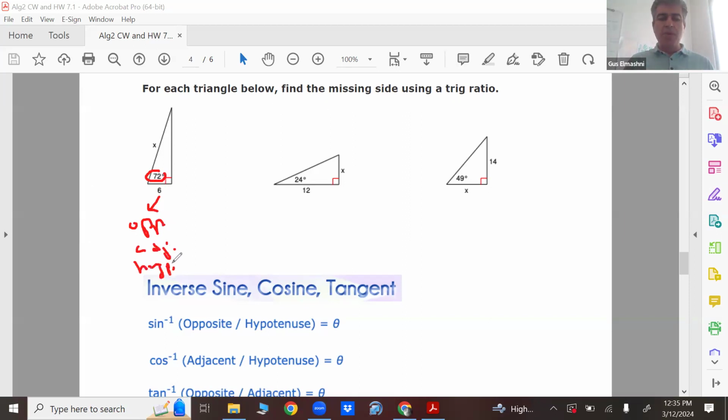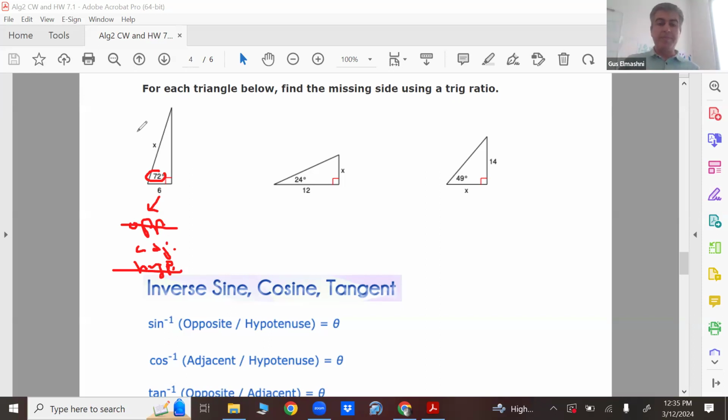Or is it hypotenuse? Which of these 3 is the 6 compared to the angle? The angle's right here. The 6 is pretty next to it. So it's not opposite, it's not hypotenuse. It's clearly adjacent.